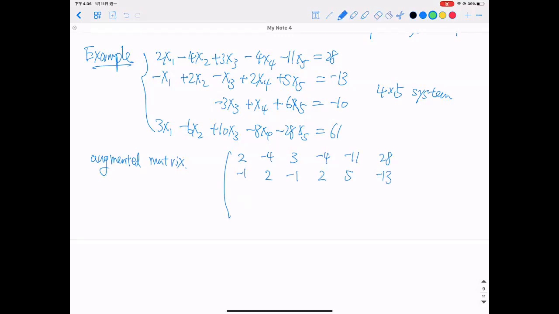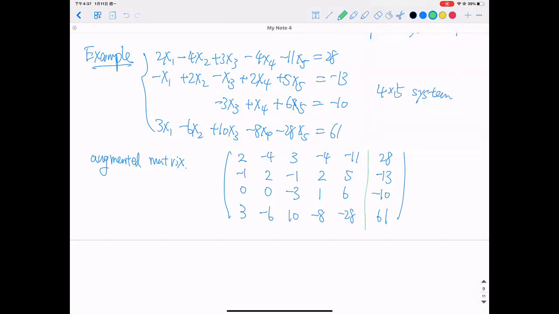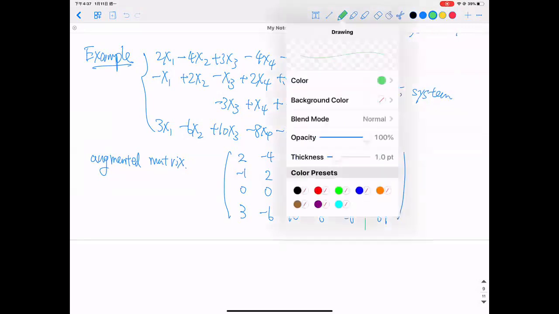If a term does not appear in an equation, it just means that the corresponding coefficient is 0. Okay, so this is the augmented matrix. If you like, you can separate these two.